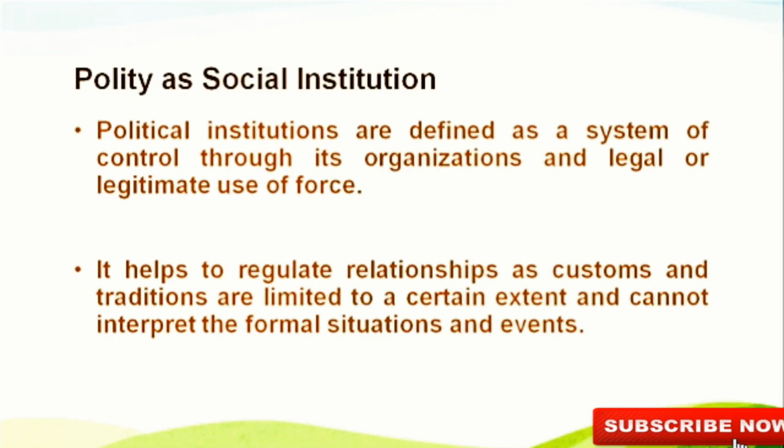Now, the next social institution we will discuss is polity. Political institutions are defined as a system of control through its organizations and the legal or legitimate use of force. It helps to regulate relationships, as customs and traditions are limited to a certain extent and cannot interpret formal situations and events.